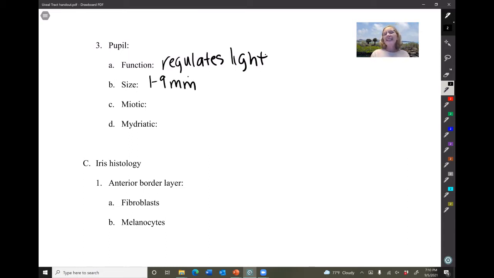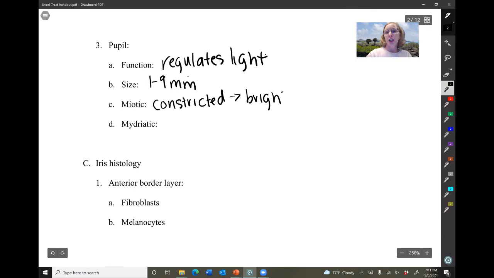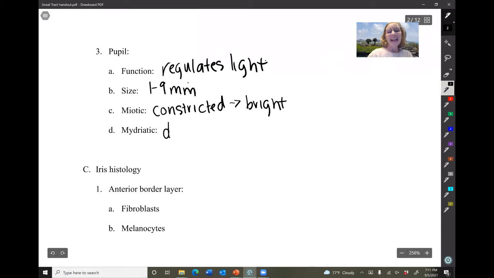You'll hear the term miotic or miosis. Miotic means the pupil is constricted, and that tends to occur in bright illumination. The term mydriatic or mydriasis means that the pupil is dilated, and that tends to occur in dim illumination.